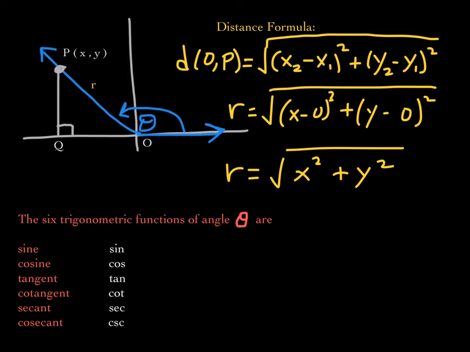Now don't forget, in this diagram up here, let me show you, this distance here, ladies and gentlemen, represents x, and this distance here represents y. So when we say r is equal to the square root of x squared plus y squared, this horizontal distance is x, and this vertical distance is y, okay? All right, let's go to the formal definition for our 6 trig functions.